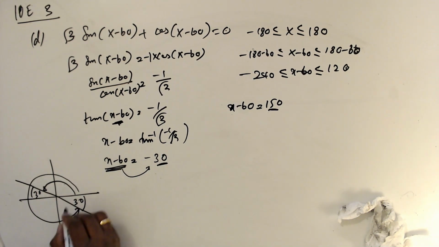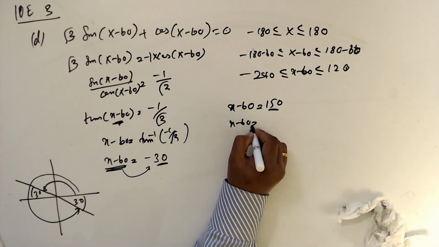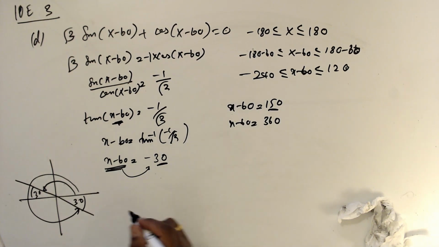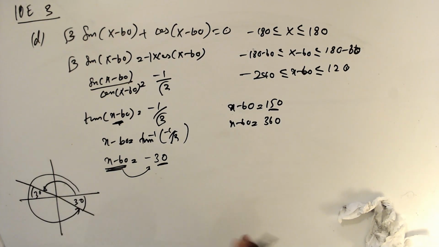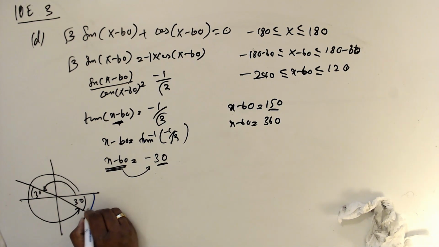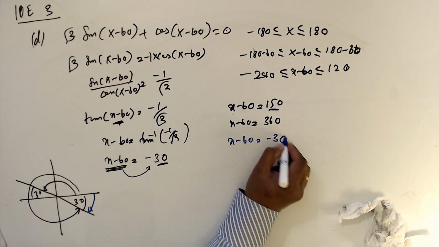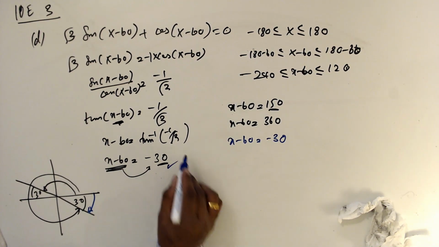This is x − 60 is 360. It is also out of range, so there's no point going that way. We'll go the other way around. So this is x − 60 equal −30, one answer.